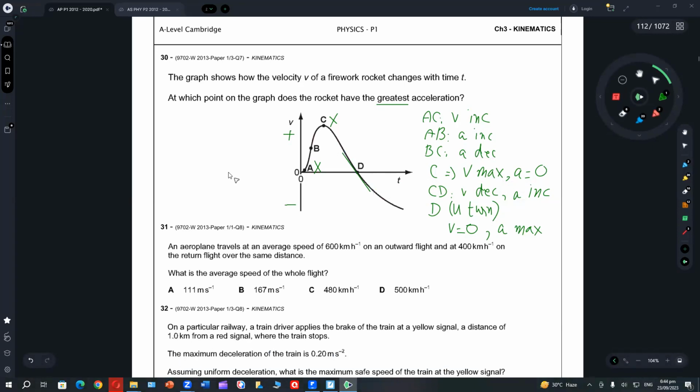This is the slope. And if we draw a slope at B, because options are between D and B, B would have a steeper gradient. So answer is B. Yes, sir.